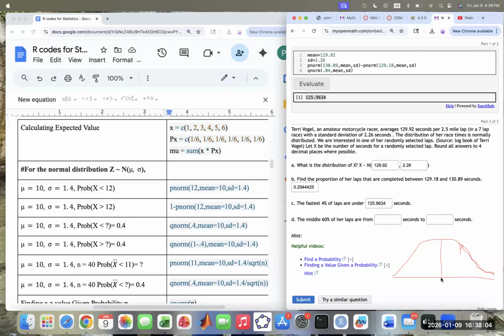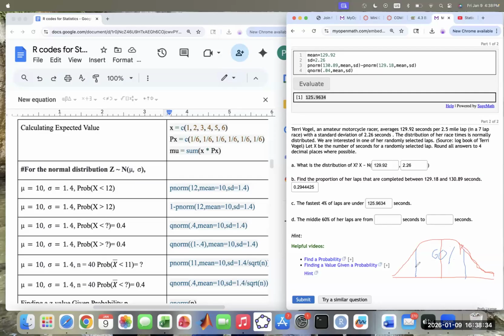We want the middle 60%. So we have 60% right here, and how much is left? That would be 40% left.